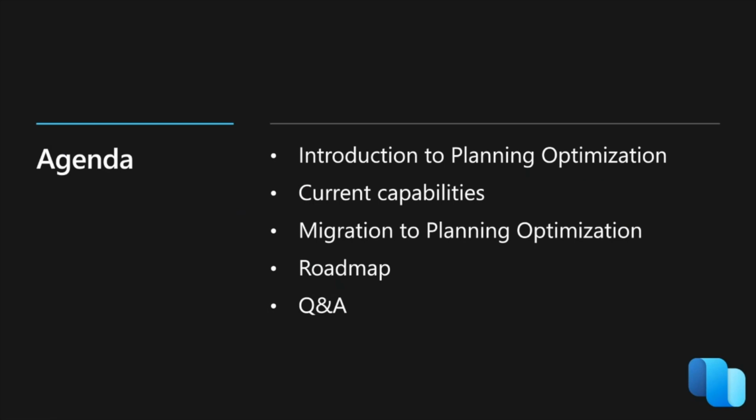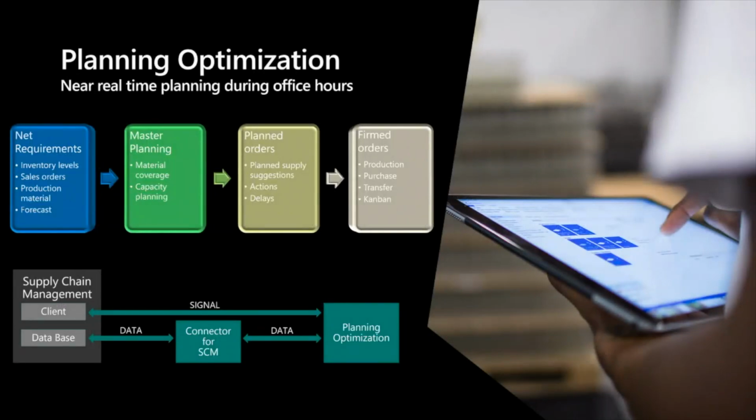So with that, let me dive in. Planning optimization. We call it near real-time planning during office hours. And it is a new version, you could say, of the master planning engine that had been in the system for many years, about 20 plus years, where it was living inside of the X++ code base and all the calculations were done in SQL.